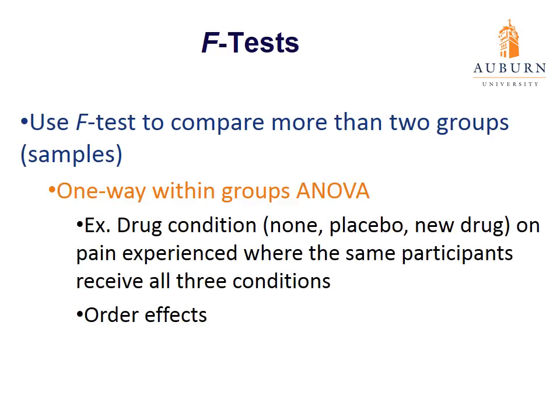For example, if we were to give the new drug to patients and then measure their pain, and then give the placebo and measure their pain again, we have to be concerned with a carryover effect. In other words, the medicinal qualities of the new drug may carry over into the placebo condition. And so we have to be concerned about the order in which we present our levels of an independent variable.